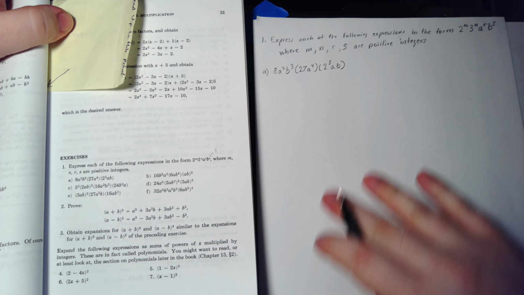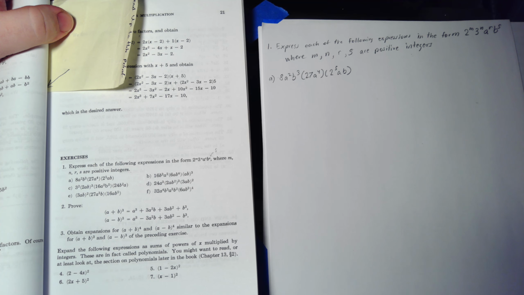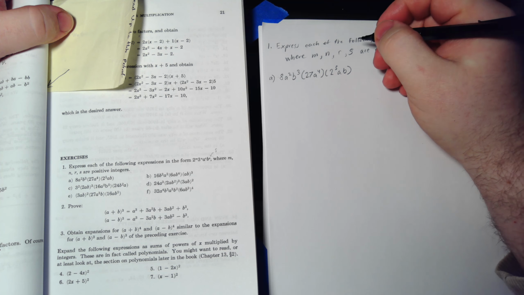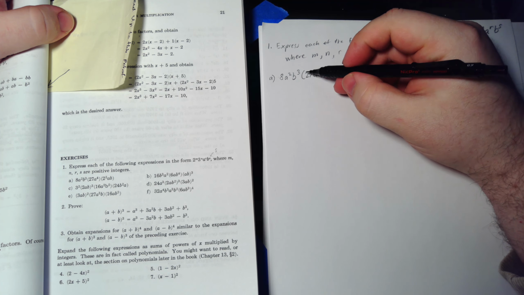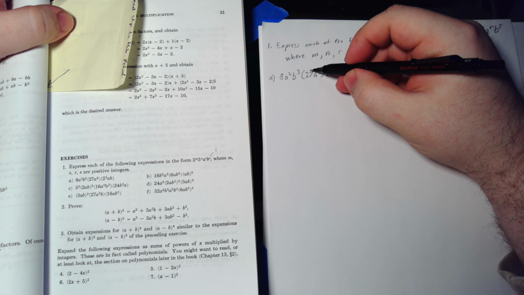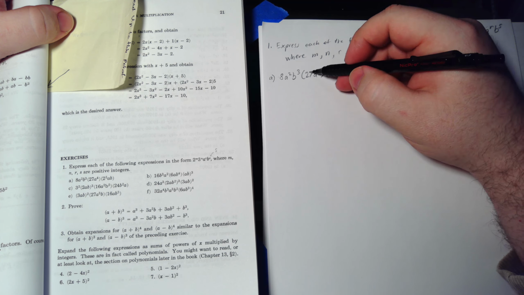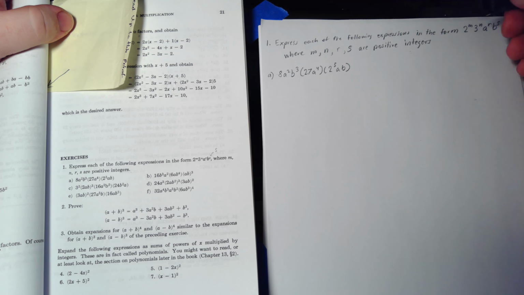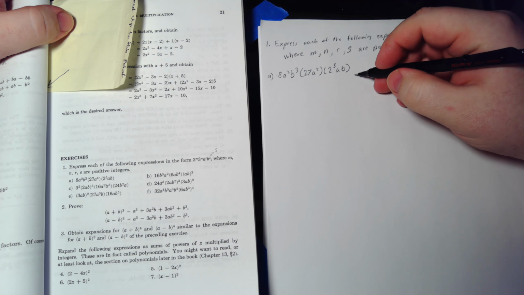So, what can we do to get what we want? Normally I would get these explicit numbers into the form of 2 to the m power and 3 to the n powers, respectively.